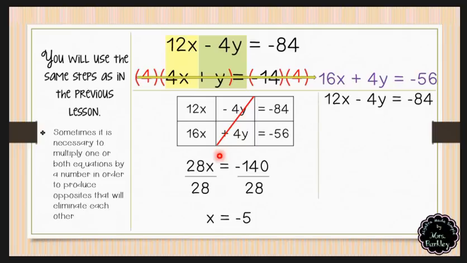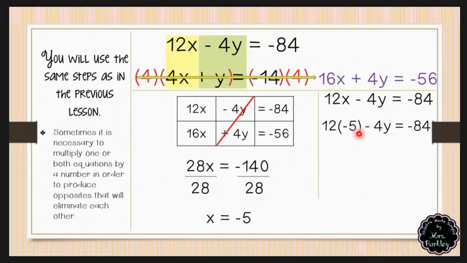You can choose one of the equations to substitute the value of x in for, and so I just chose to use that top equation of 12x minus 4y equals negative 84. I'm then going to substitute this value of negative 5 in for x in that equation. So I'd have 12 times negative 5 minus 4y equals negative 84.